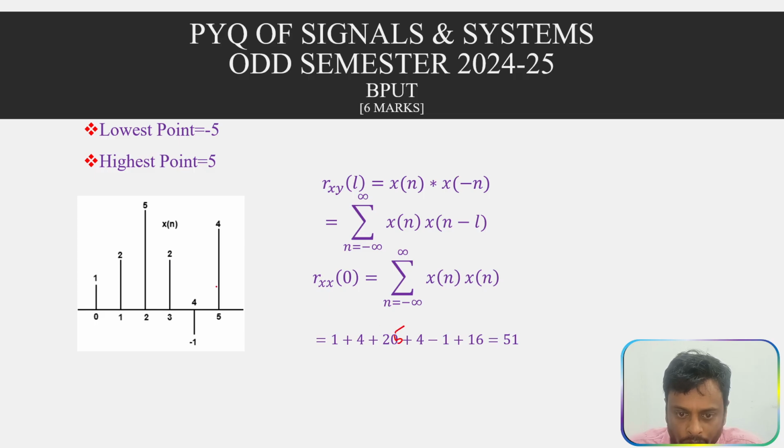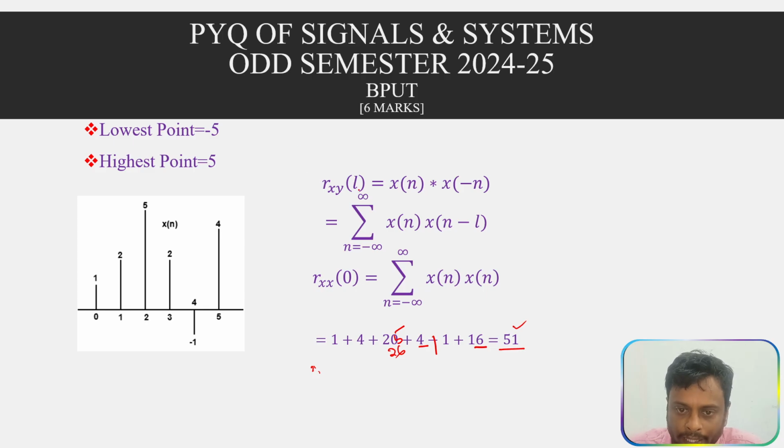Then 2 into 2, that would be 4. Then minus 1 into minus 1, that will be plus 1. Similarly, 4 into 4, that will be 16. So we can add this. So it is actually 51. Okay, the answer is 51. So it is rightly written.